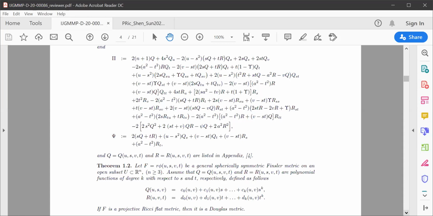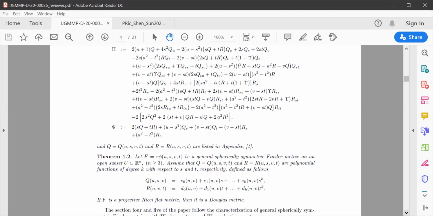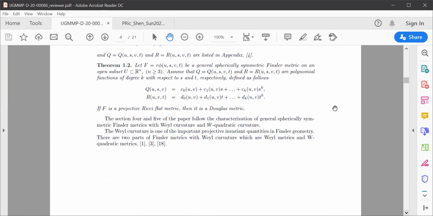Or forget the S. In that case, they find out that in that particular case, project Ricci-flat means it must be Douglas. That's a little bit weird. Okay, I have to be honest. How can you jump from project Ricci-flat to Douglas? That's questionable.